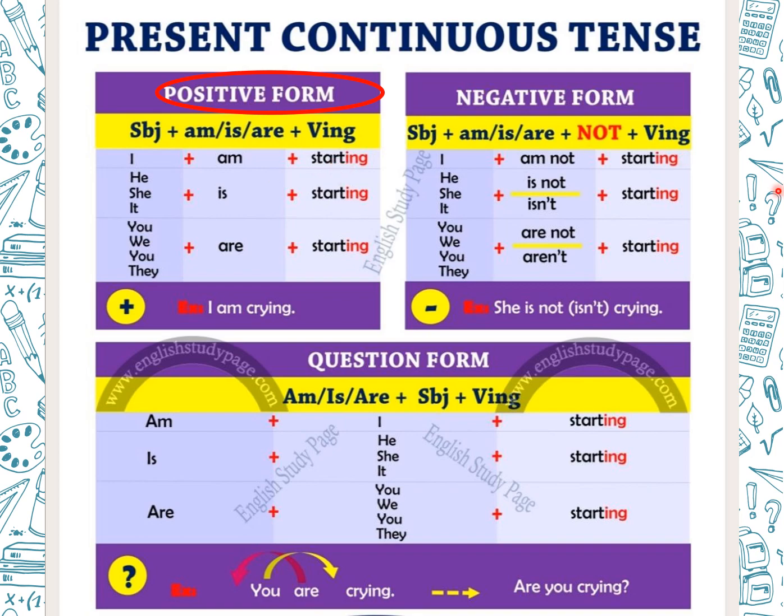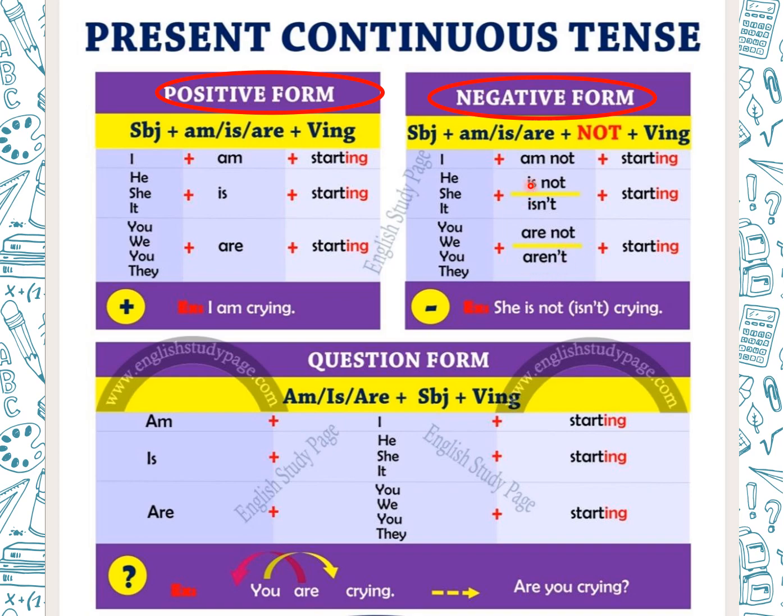Now let's take a look at the next form. Negative form similarly sama juga, cuma tambah perkataan not. So I am not starting, he is not starting, we are not starting, and there is the abbreviation: is not becoming isn't, are not becoming aren't.